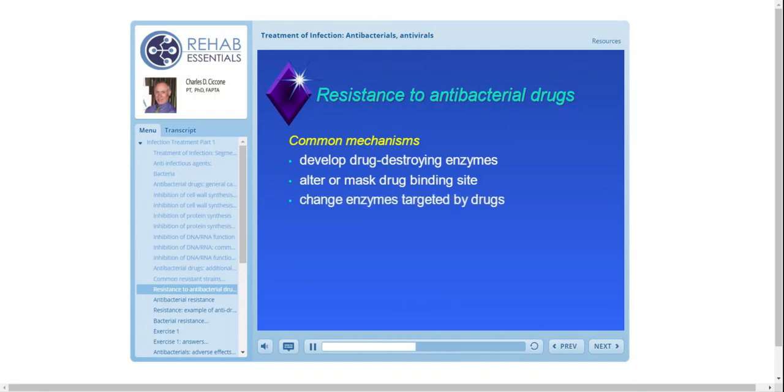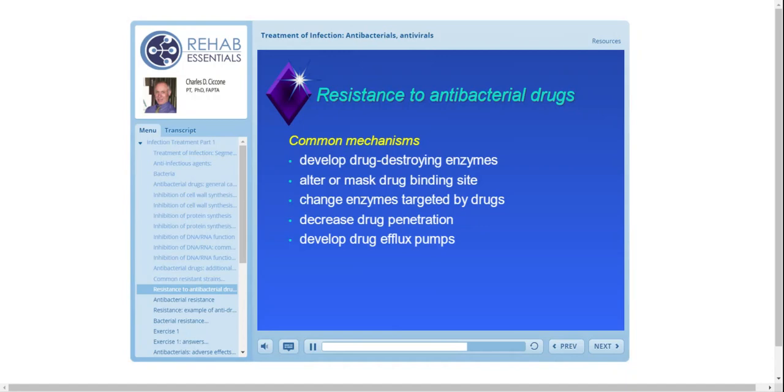Some drugs affect specific enzymes, and enzymes are proteins. They can change, and if again they change enough, the drug can't affect that enzyme. Drugs must often penetrate into the bacteria to begin to work, and some bacteria can in some way prevent that drug from entering the cell, so clearly it cannot begin to affect the cell.